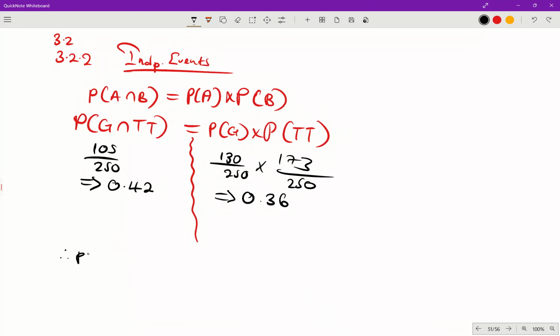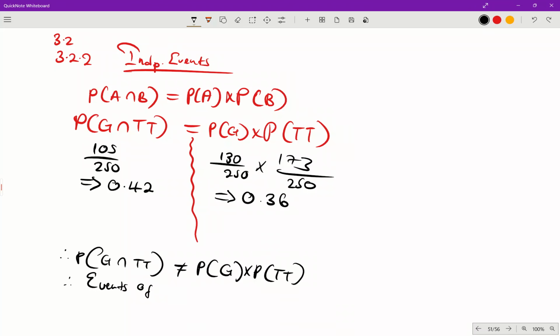Therefore, the probability of girls and using TikTok is not the same as the probability of girls multiplied by the probability of TikTok. So therefore, the events of being a girl and using TikTok are not independent.